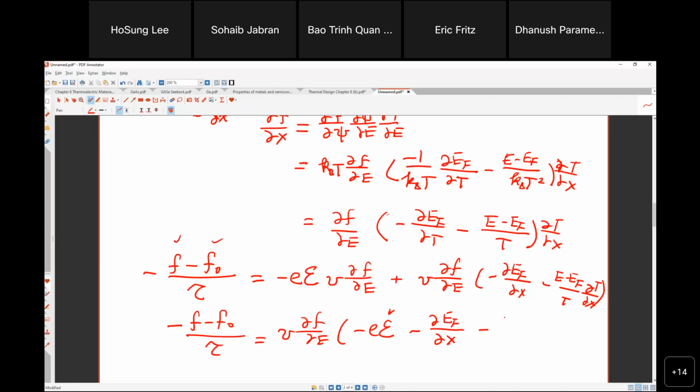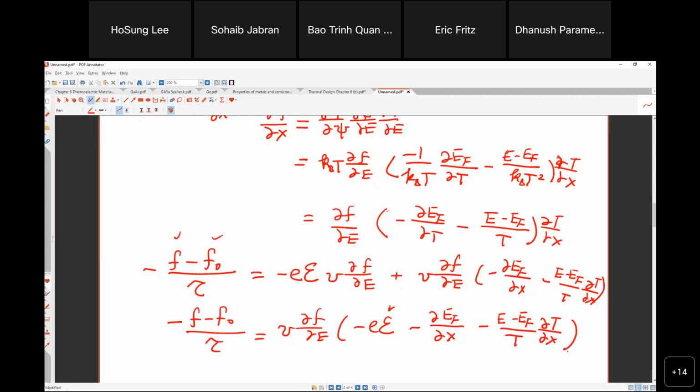And then energy difference divided by temperature, and then temperature gradient.